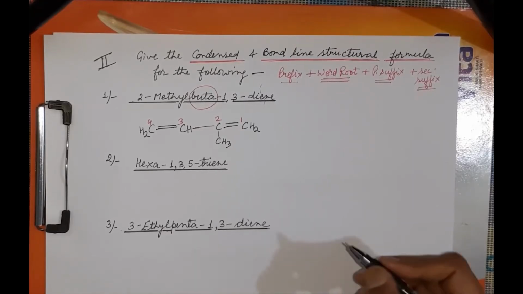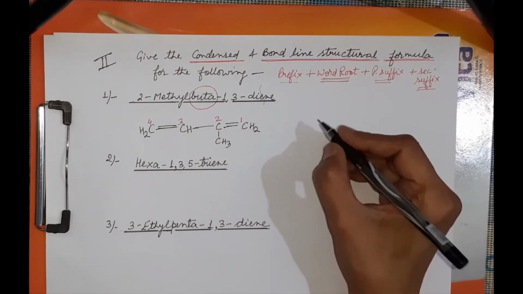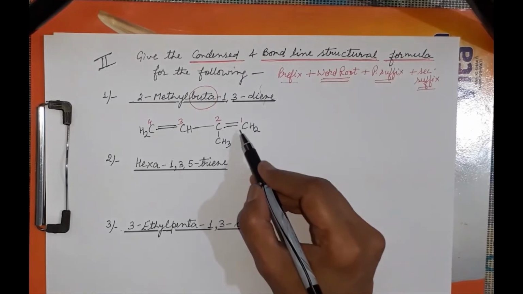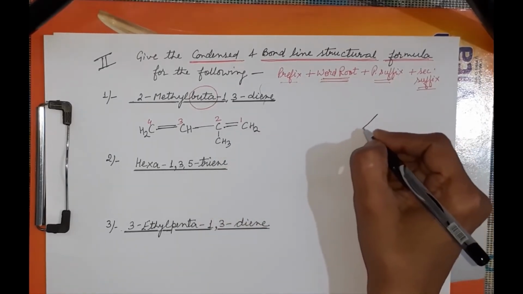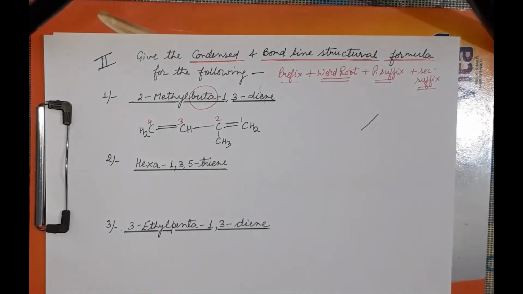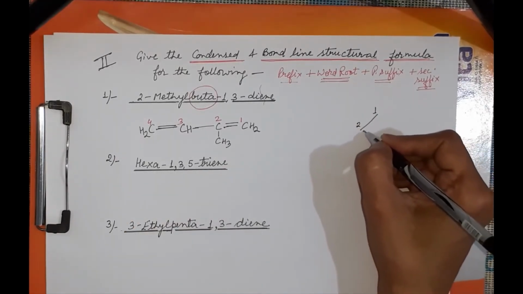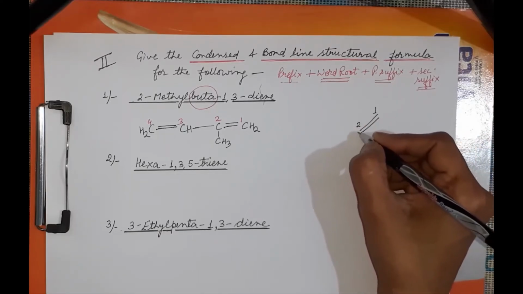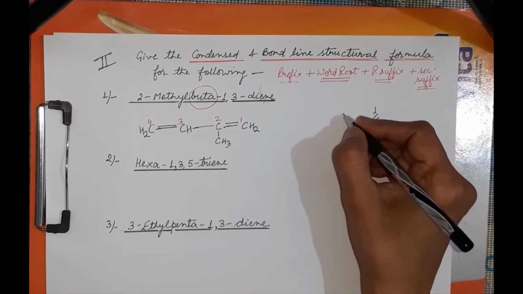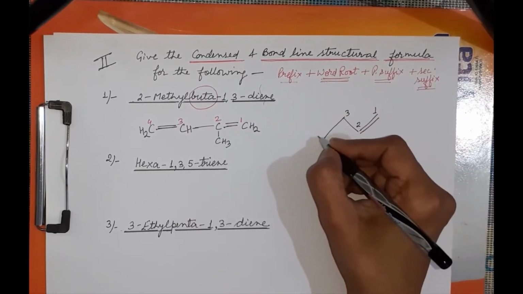And if we write the bond line structural formula, how can we write? So first I will write carbon number 1 and 2, like this. Carbon 1, 2, there is a double bond between both of them. And then here C2, C3, and this is C3, C4.